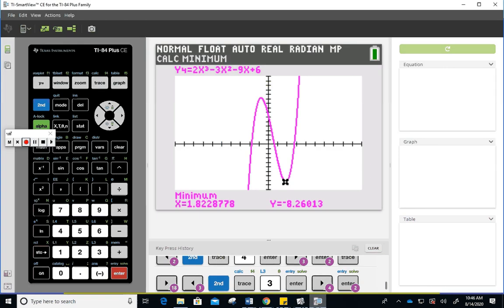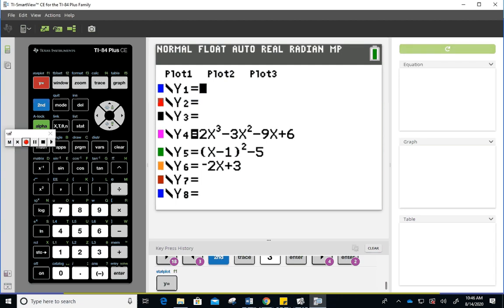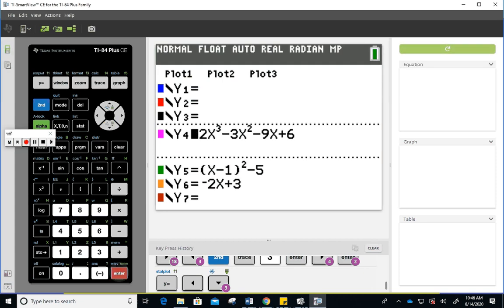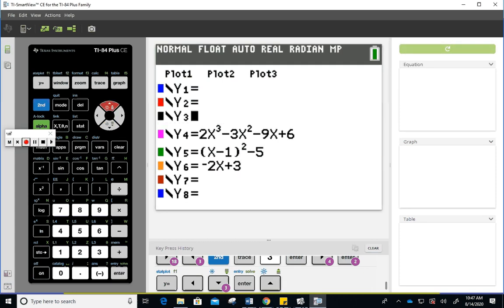So let's go to our calculator and let me say y equals, and I'm going to come down and turn this equation off. So I'm going to go back up. Now in y1 I want the leftmost piece of the graph. So let me go ahead and enter that because I don't want it to be turned off.